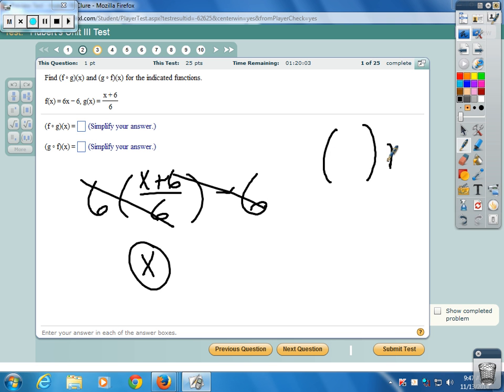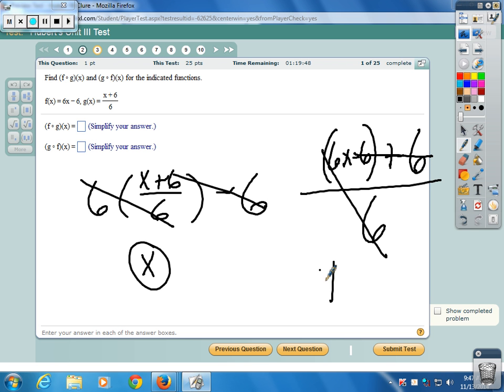Parentheses plus 6 over 6. And then plug in 6x minus 6. And what happens here? So what can you say about these two? One to one. But they're not asking you that, I don't think.